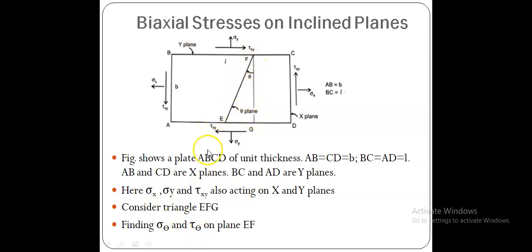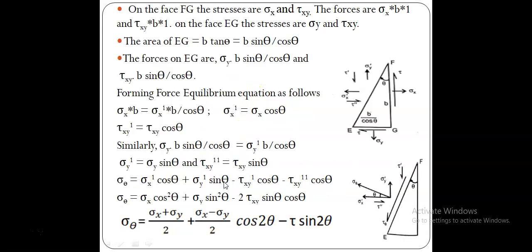We just take the triangle EFG individually. On the face FG, the stresses are sigma x and tau xy. So these are all the input or given stresses.